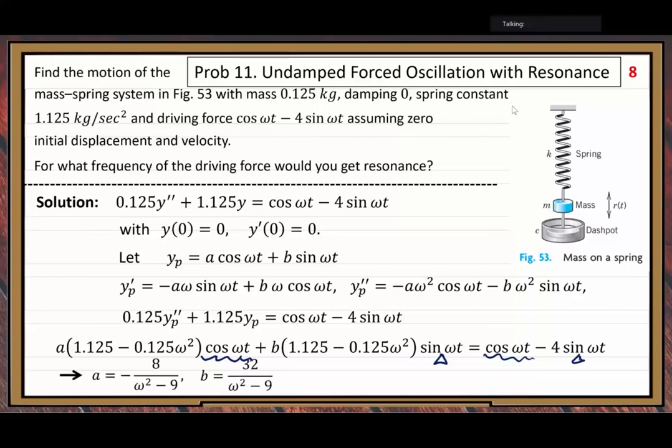Solving those two equations, A equals B equals this expression after simplification. Because you scale it, division and multiplying by 8, the coefficient becomes 1, multiplied by 8 it becomes 9.